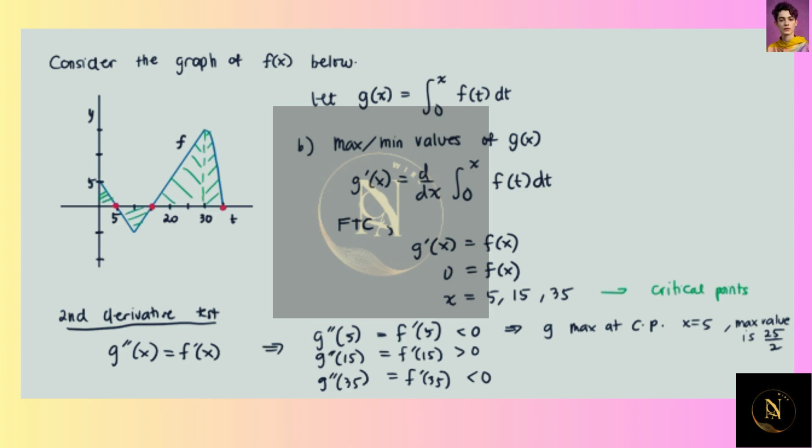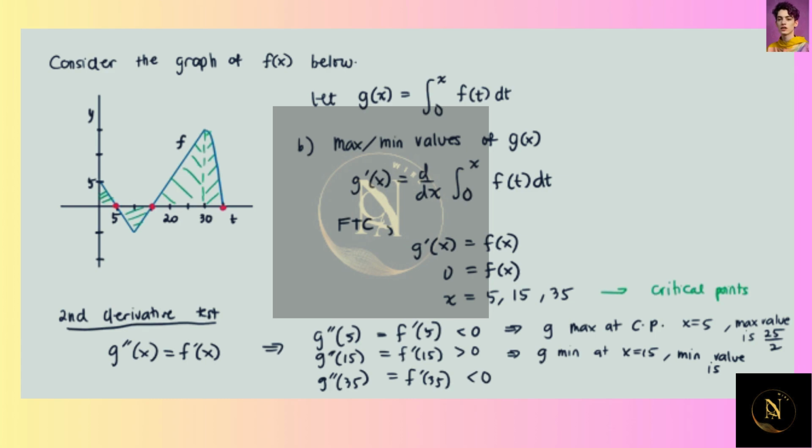And then for x equals 15, this is a minimum since the second derivative is greater than 0. So g has a minimum at x equals 15, and the minimum value will be the area from x equals 0 to x equals 15.